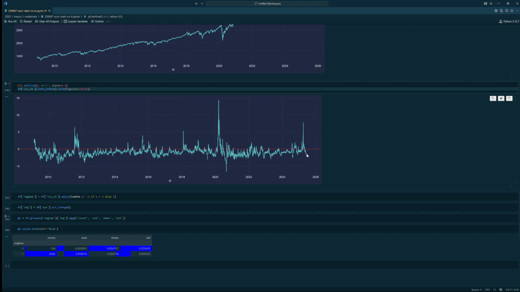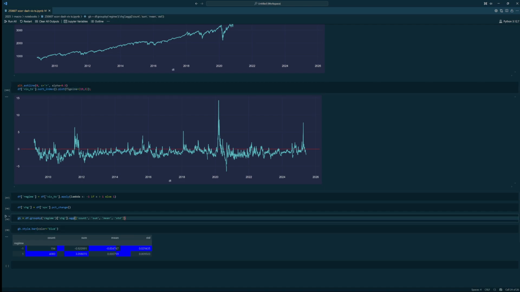And then when you really look at the data, this needs to be shifted forward. Hang on.